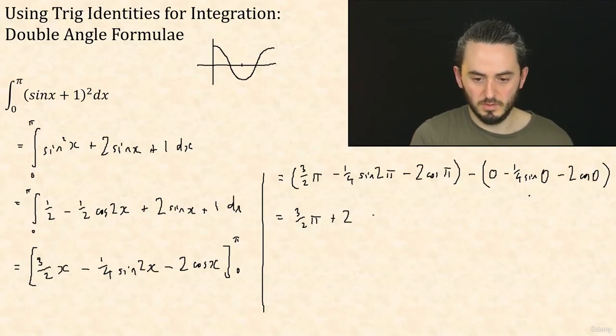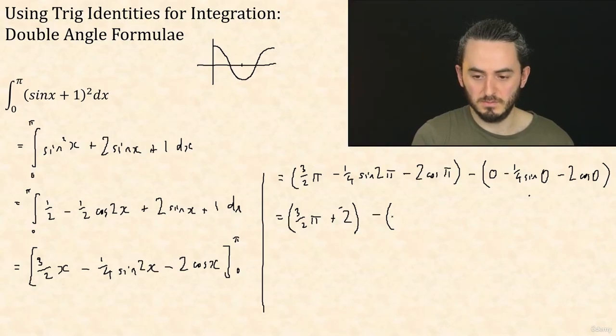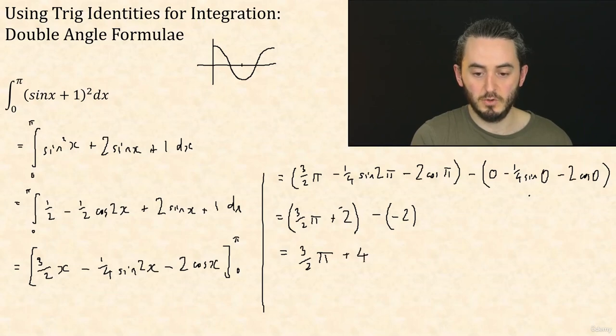And what's going on inside this bracket? Well, let's not jump the gun, let's keep things bracketed up. Sine of 0 is 0, and then I've got minus, well, cos of 0 is 1, so that's minus 2. So what we have here is 3 over 2 pi plus 2, plus another 2 is plus 4, and there's my exact answer.